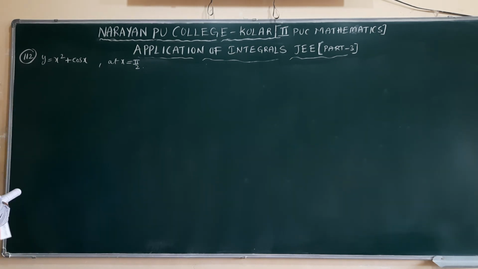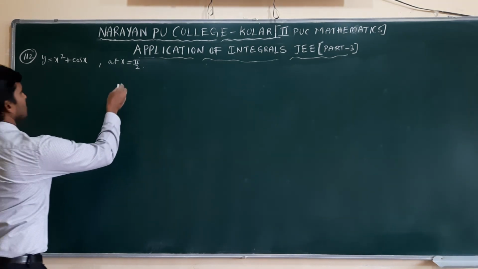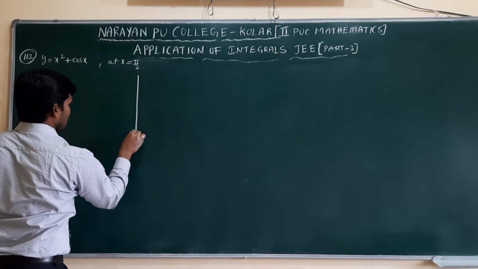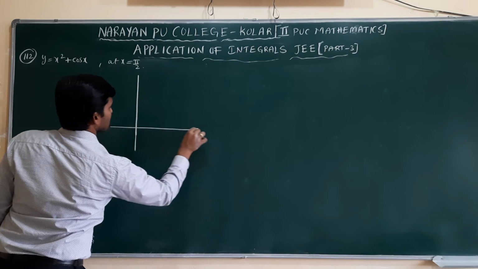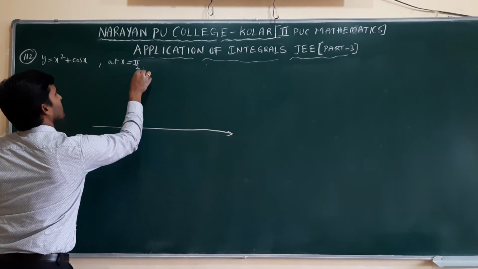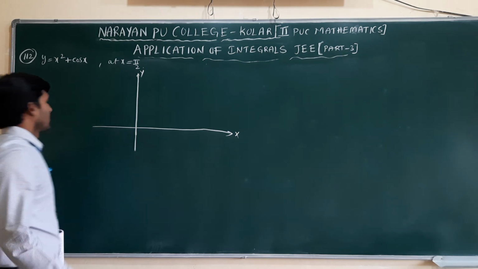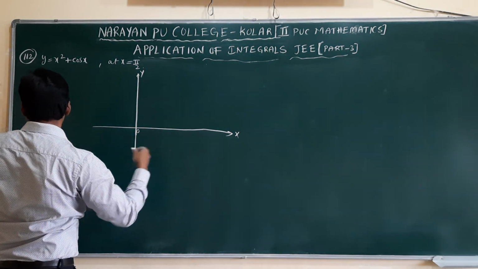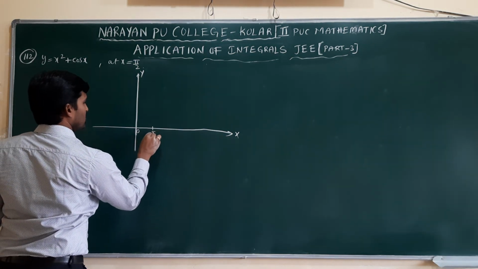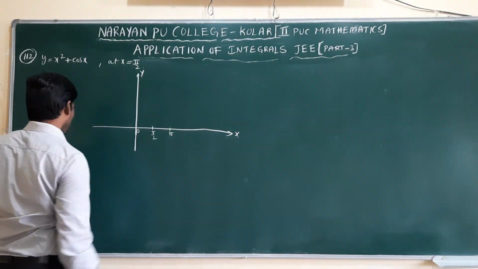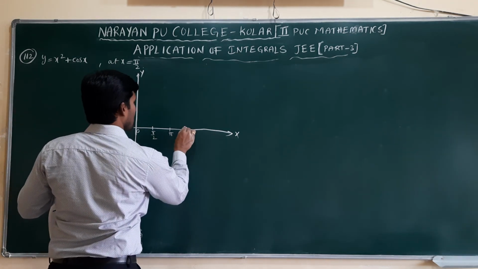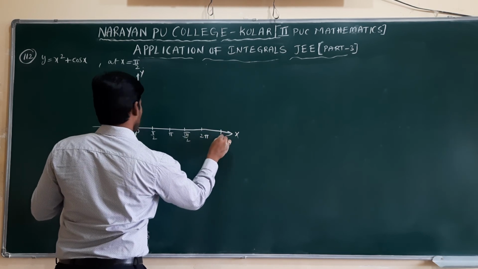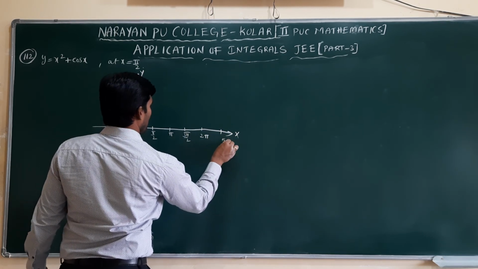Okay, now see, in this curve y equal to x square plus cos x, we need to draw the graph first, then you can understand exactly which region we need to find. X value 0, we are taking angles on the x axis: pi by 2, pi, next value is 3 pi by 2, 2 pi, and plus pi by 2 if we add, 5 pi by 2, up to that.